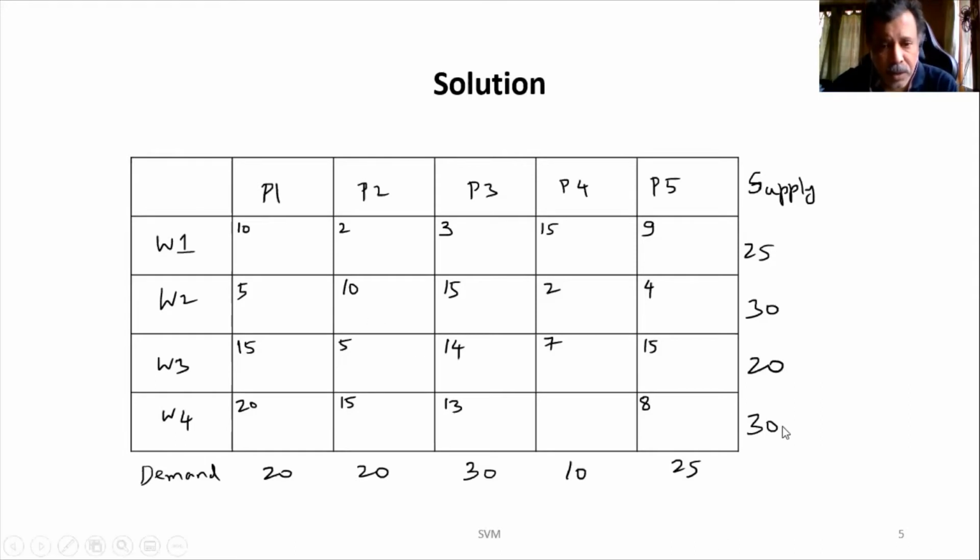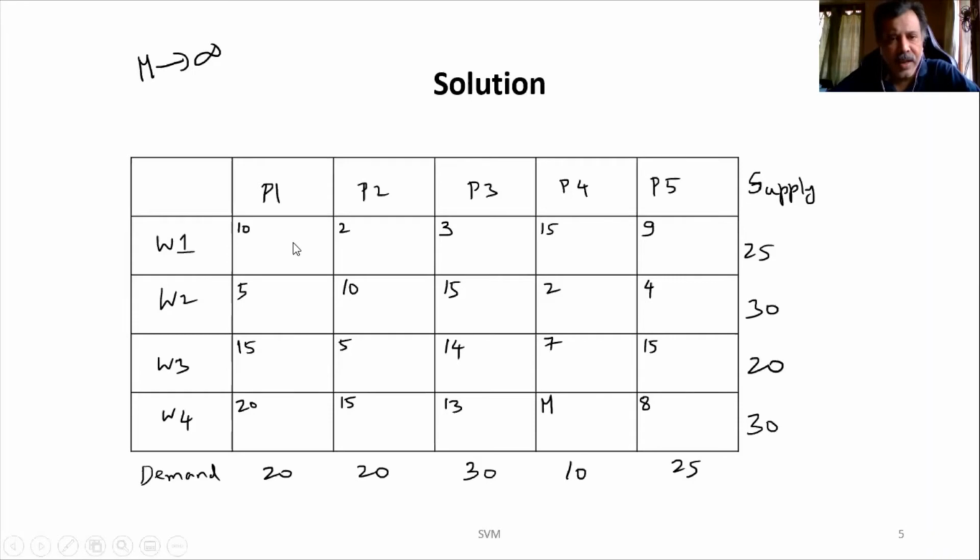So we will define the cost for this cell as, say, capital M, and this capital M is tending to infinity. The cost is so large that even with the least cost method or Vogel's approximation method, the algorithm will avoid allocating to it, because M is approaching infinity, a very large number. So that is the first step.